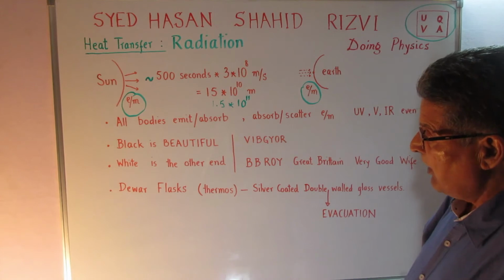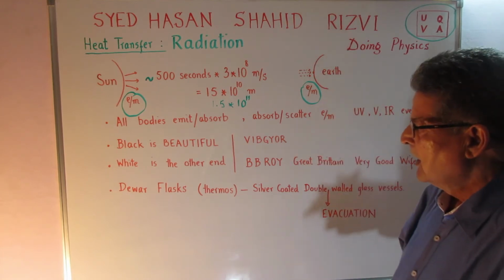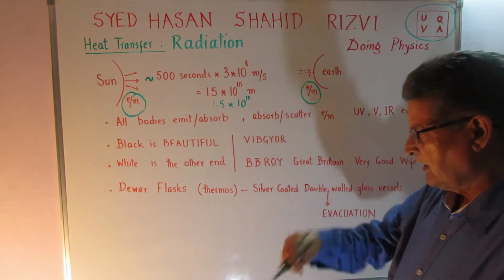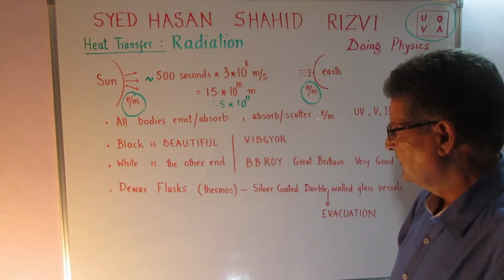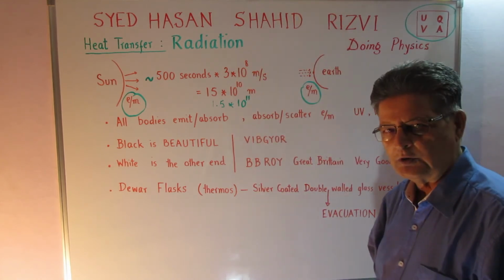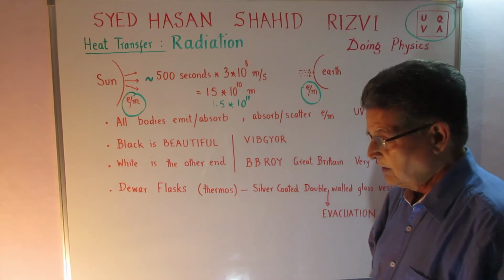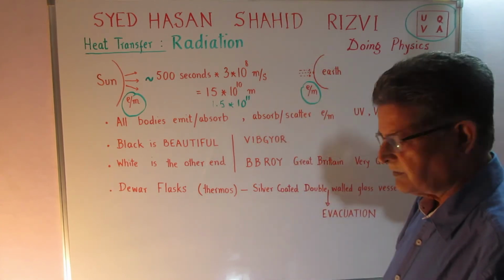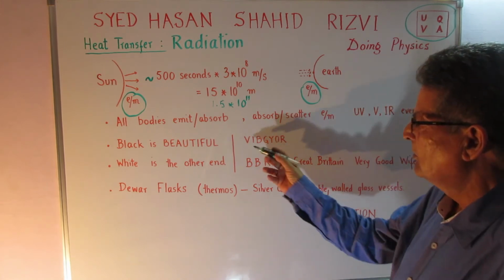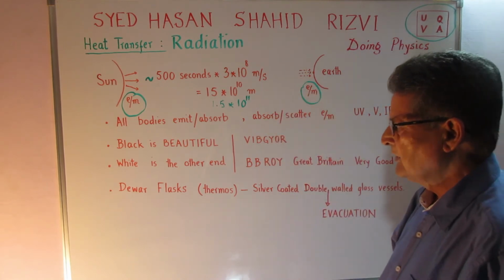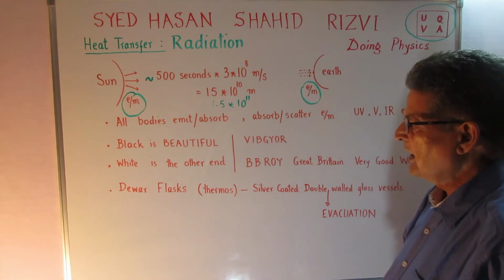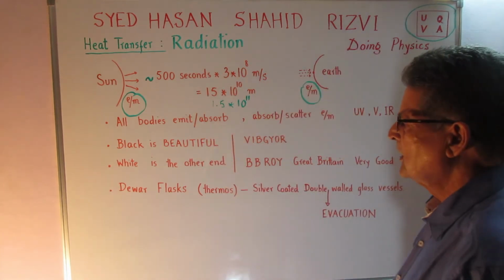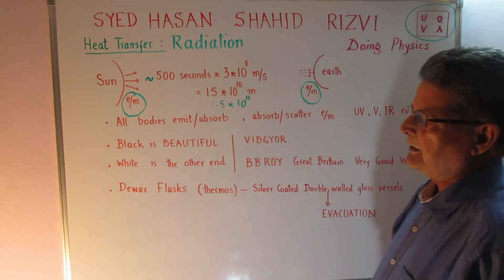And if all the colors are put together, and this experiment has been told to you in your junior classes, when all the colors are rotated very quickly, then what appears to us is the sensation of white. White is the other end.